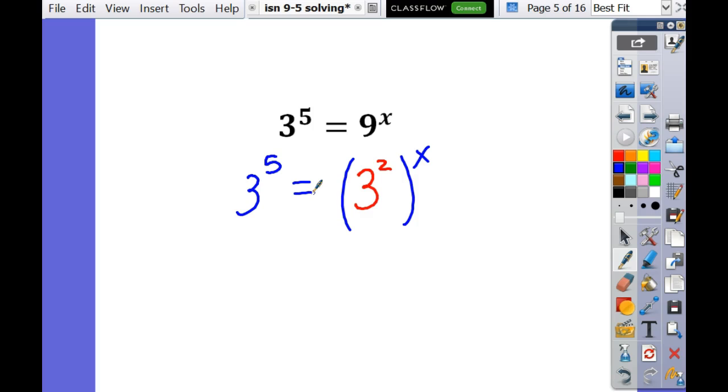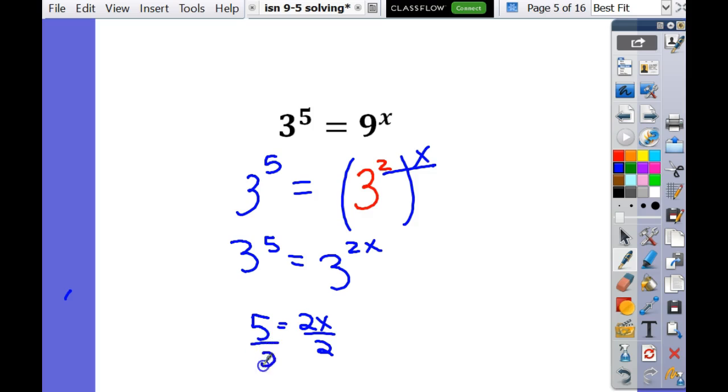Then I have to remember some exponent rules. The exponent rules say that you multiply those together when you have a power to a power. And then the 5 would have to be equal to 2x, right? 5 equals 2x, divide by 2, and x is equal to 5 over 2.